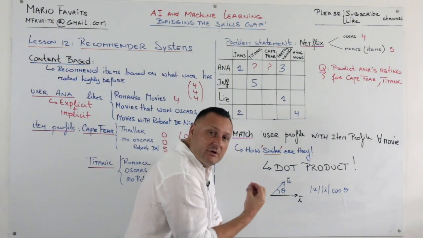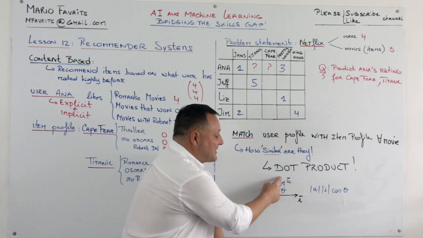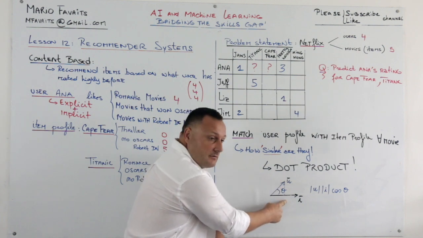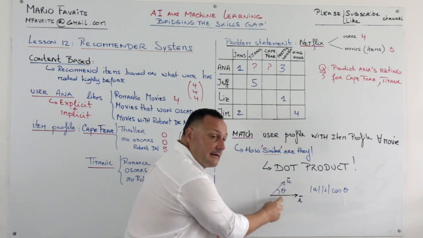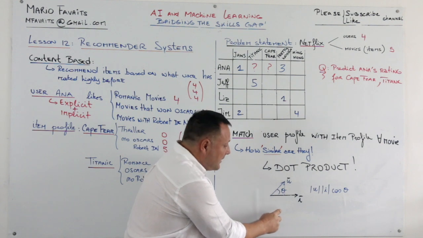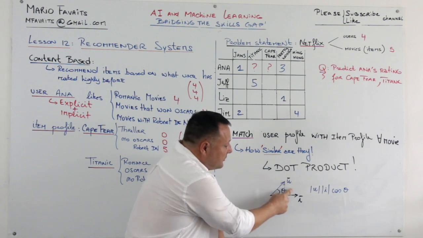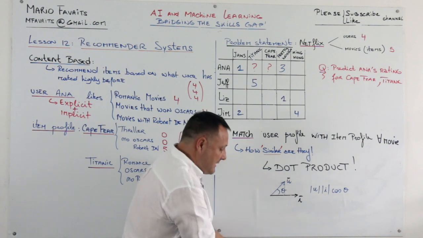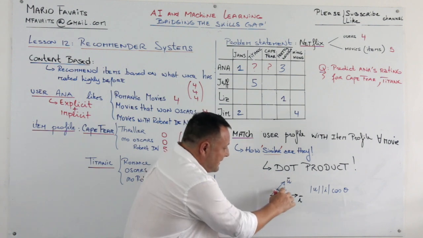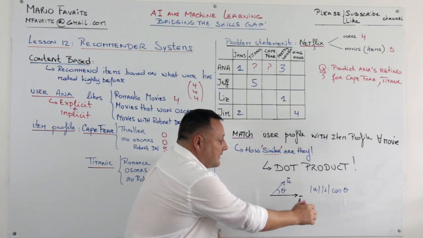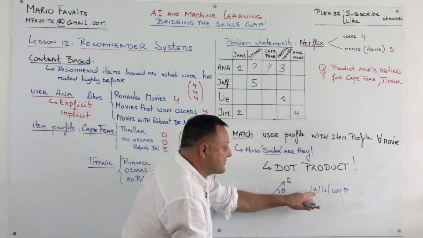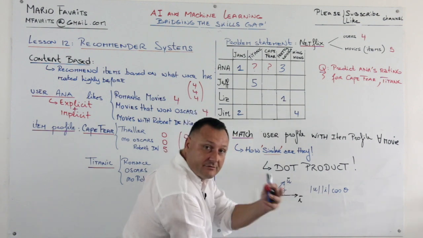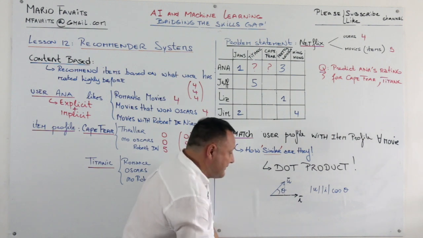And intuitively, what is a dot product? It is a projection of one vector onto the other. And this is the angle theta. The more that u and v are aligned, the more similar they are. If theta is 0, the cosine is 1, and you have just the product of the magnitudes of these vectors.